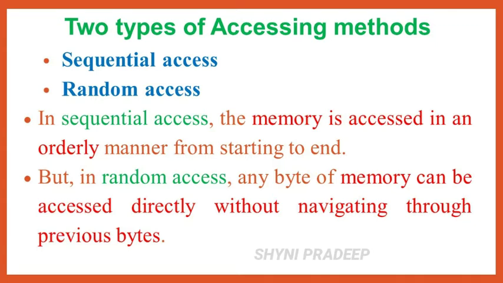But in random access, the memory can be accessed directly without navigating through previous bytes. So in sequential access, memory is accessed one by one, from starting to end, but in random access, the memory is directly accessed without navigating through previous bytes.